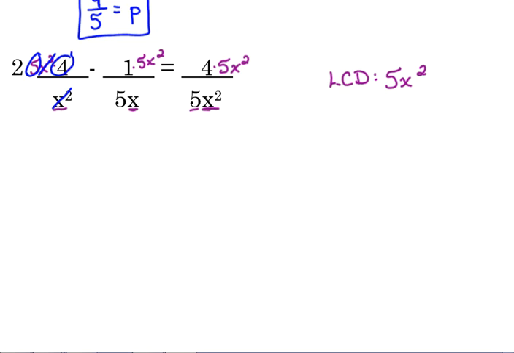We're left with 5 times 4, so that's 20. This is another subtraction. In the second one, the 5's cancel. X squared over x is just x. So I don't know how you want to express that, but that's kind of what I do. I'll mark out the exponent of 2, and I mark out the x in the bottom. So 1 times x is x.